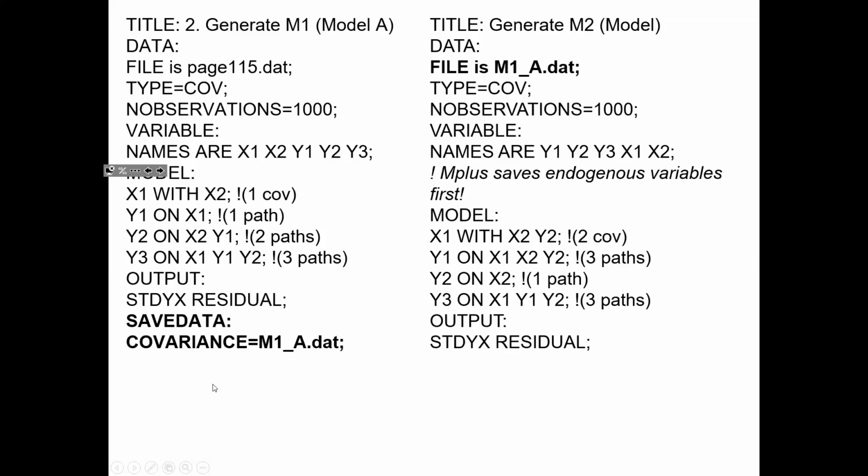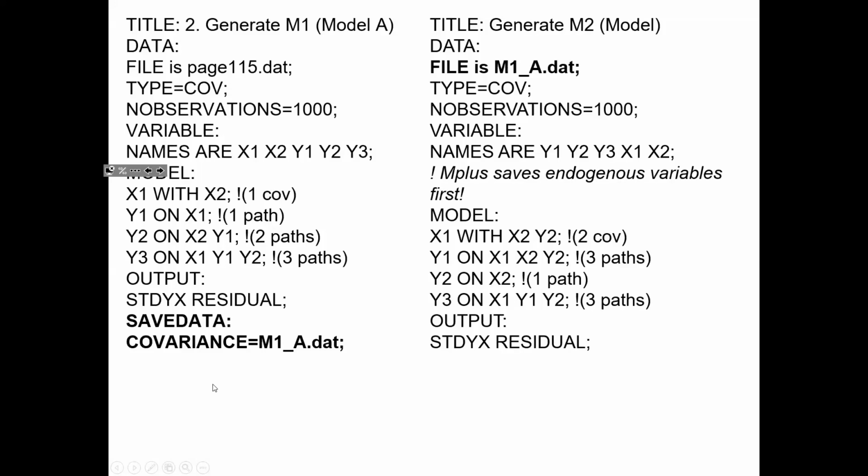This is really important, because if you don't have the variables in the right order, then you're not going to get the right chi-square, and nothing's going to look like it's nested or equivalent. That'll be a mess.